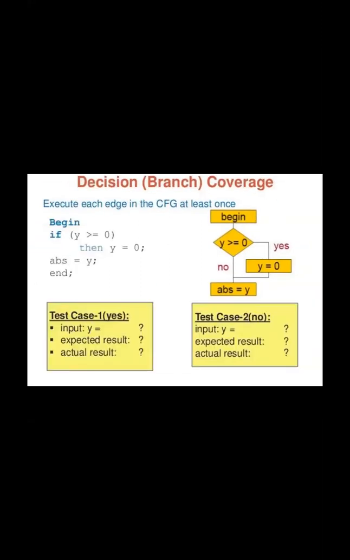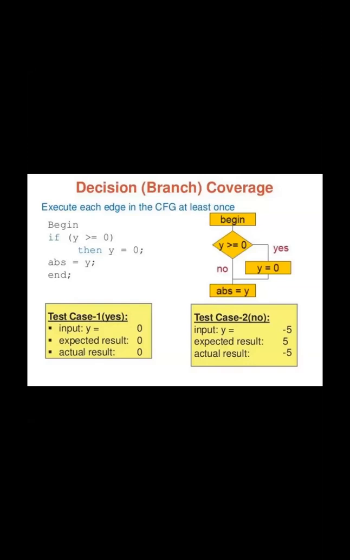Then we assign some value for y, and check what the expected result is and what the actual result is. So we create test case 1 for the yes condition and test case 2 for the no condition.